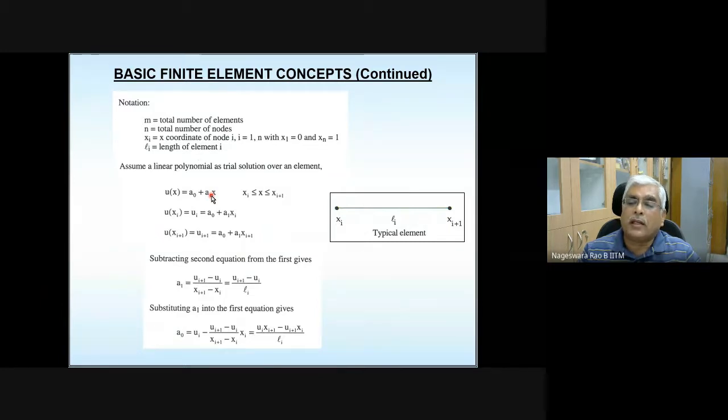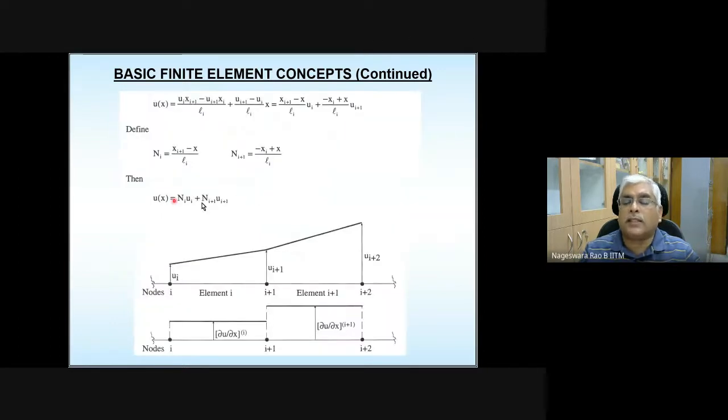Okay. If it is the Galerkin method. Now this equation, we have rewritten as u is equal to Ni ui plus Ni+1 ui+1. We have written it in this manner. Now you compare this to a0, a1, whose position is taken by ui and ui+1.